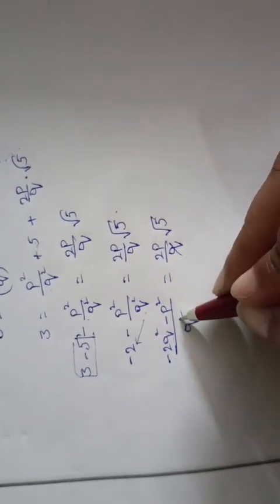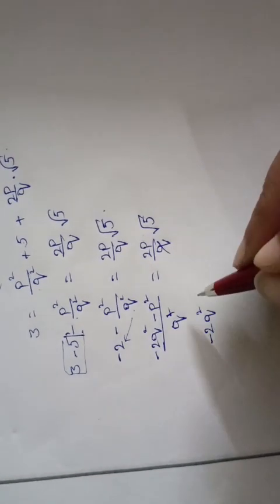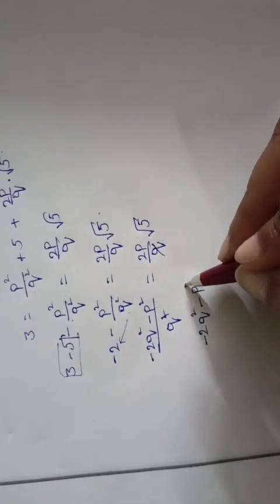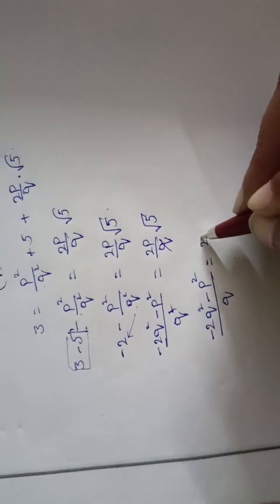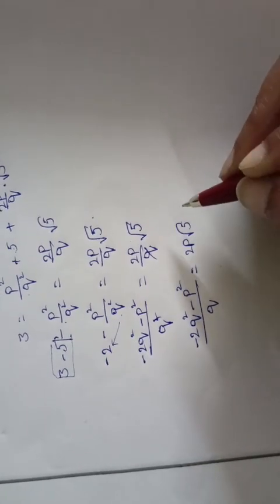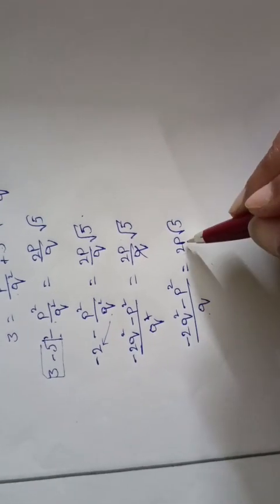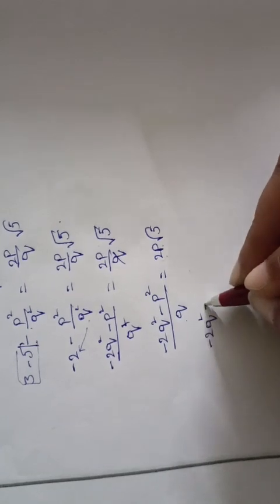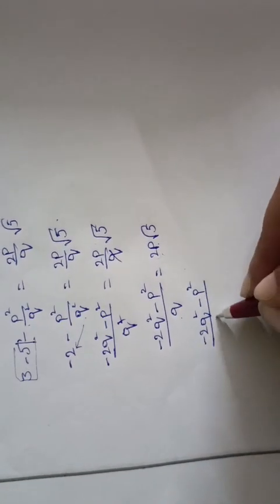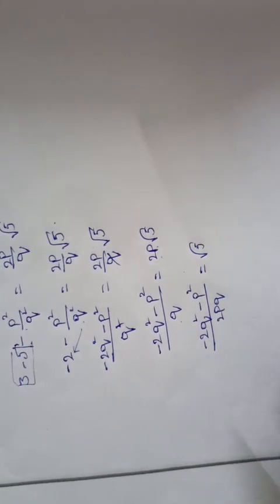Then this q and here one q get cancelled, so you are left with minus 2q square minus p square by q is equal to 2p into root 5. Now let us transpose 2p to this side, it divides, here it is multiplying, so we can write it as minus 2q square minus p square by 2pq, which is equal to root 5.